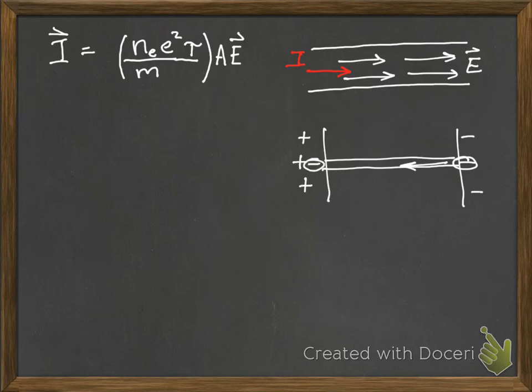Once it arrives at the other side, it's going to cancel one of the positive charges there. So a negative charge moved from the right to the left, and the end result is that one of the positive charges disappeared, got cancelled. So notice that one negative charge moving to the left is completely equivalent to a positive charge moving to the right.